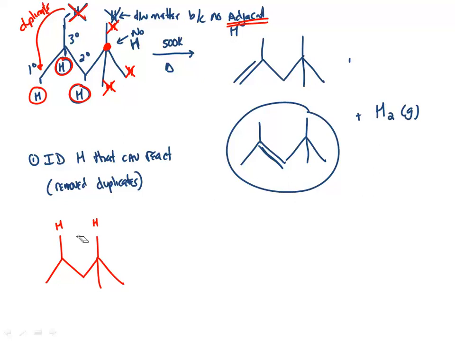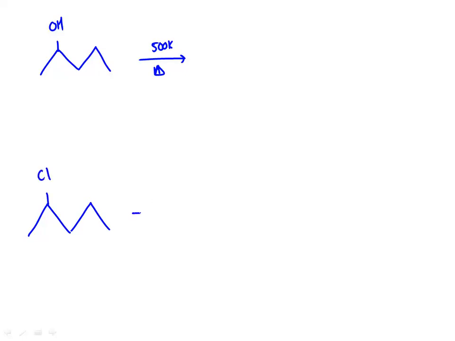I want to do one more reaction. It's the exact same thing we've been talking about, just a variation, like we could do before. And that's if I introduce, say, an HO on here, and I heat it up. Or we can think about it as the same thing as if I've got a chlorine here and I heat it up.